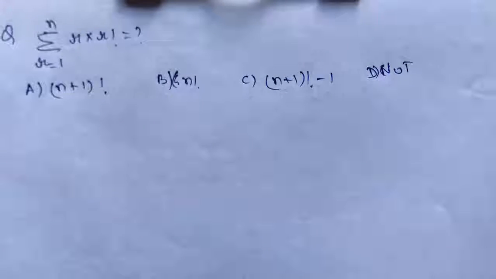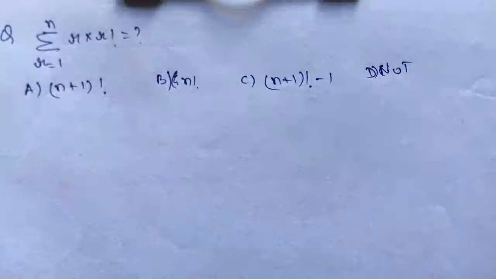Okay, what is the value of summation r is equal to 1 to n of r into r factorial?